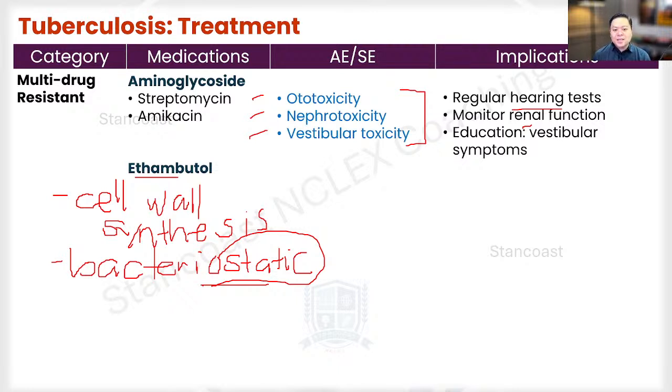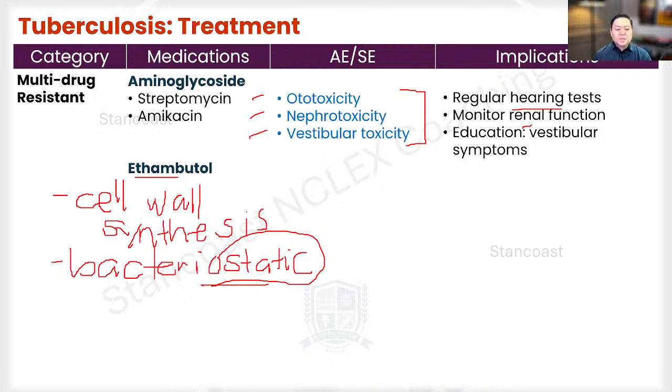It will slow down the multiplication and also the production of more of the bacteria. Okay, so it will now prevent the bacterial replication. It will not be able to generate new bacteria. So what are the side effects of the ethambutol?